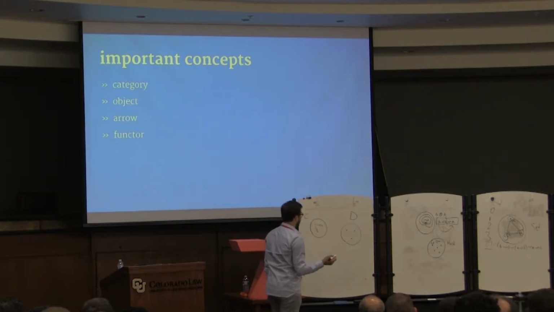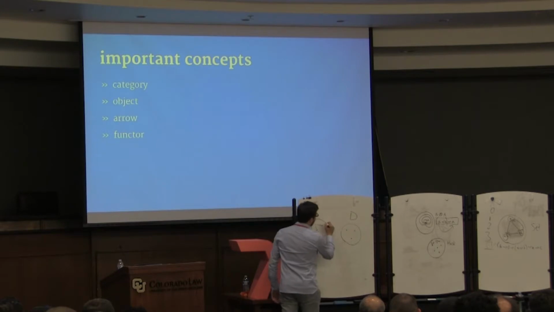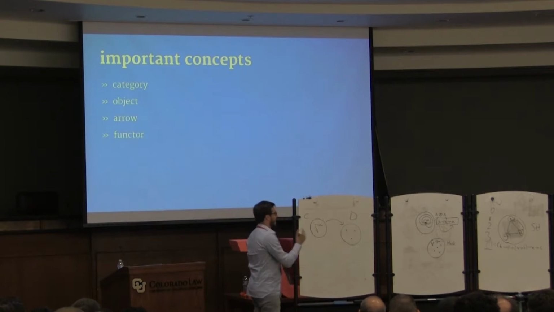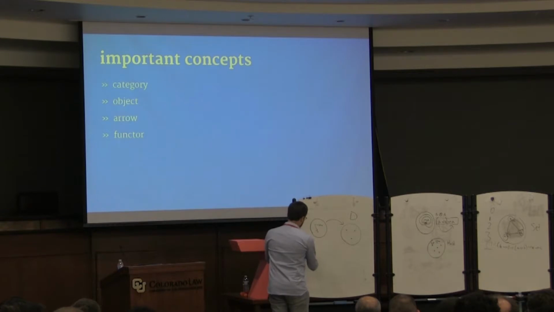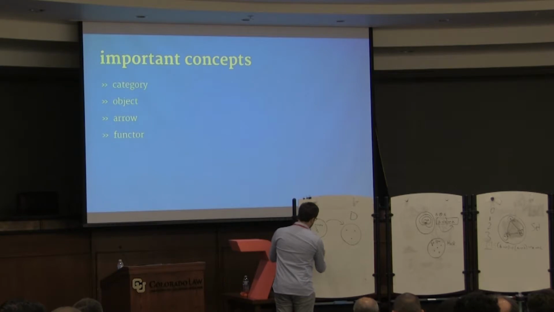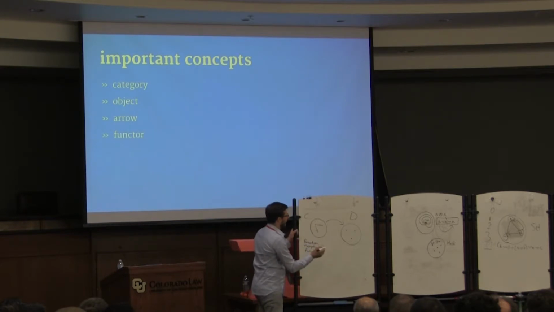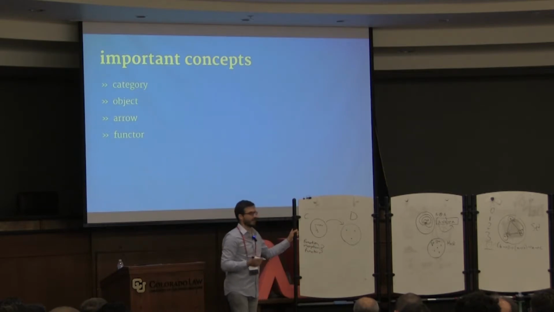I can also have an arrow from C to D. An arrow from one category to another category is called a functor. So we started with function, and then morphism, and a morphism is a generalized function, and a functor is a generalized morphism, because now we're talking about arrows between categories.